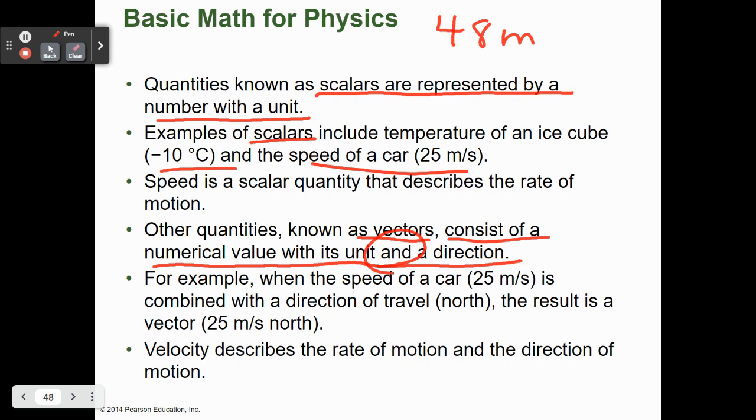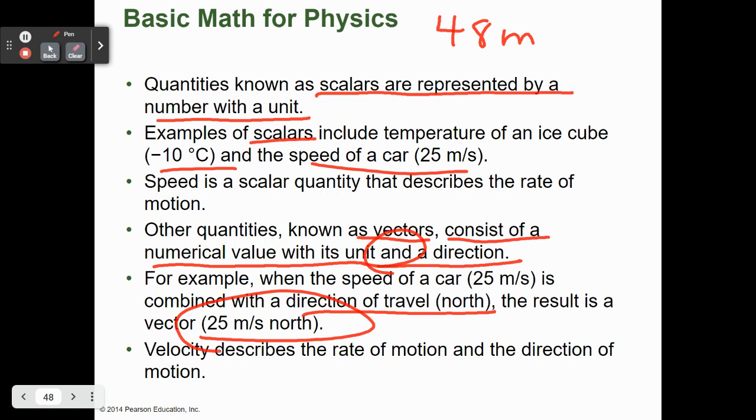So here's our example. The speed of a car is 25 meters per second, but if we combine that with a direction, we have to write out both. For it to be a vector quantity, you have to write the number, the unit, and the direction. So 25 meters per second, north. You can put a capital N or S or whatever, but you have to put direction for a vector.